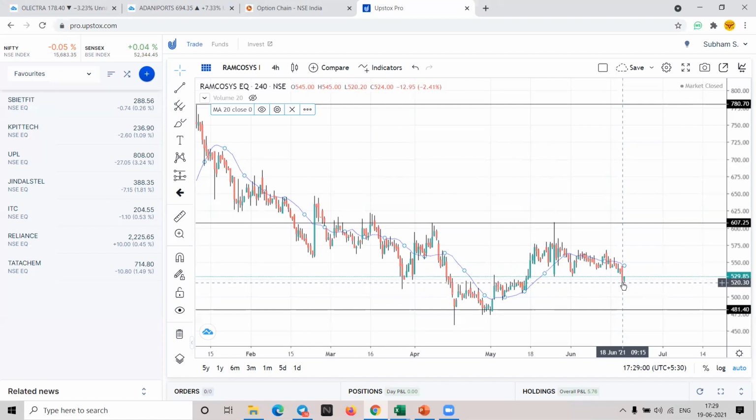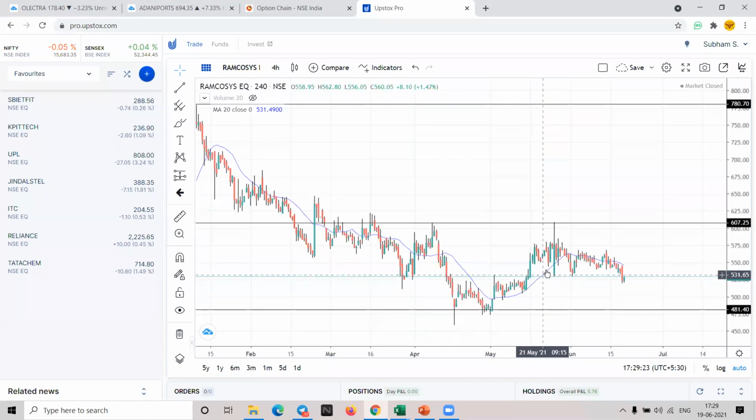The purpose of using 20 is that we take more candles because we want this line to be a little stable. With fewer candles it fluctuates very fast, but with 20 candles the fluctuation will be slow.